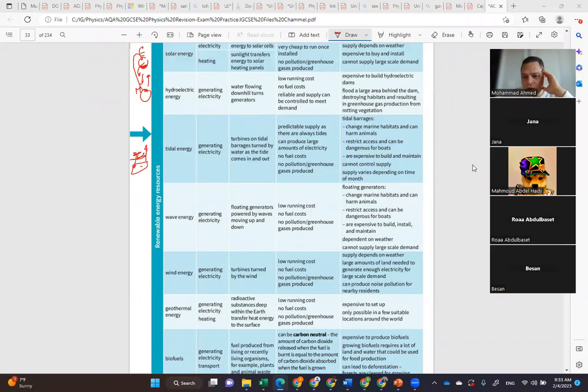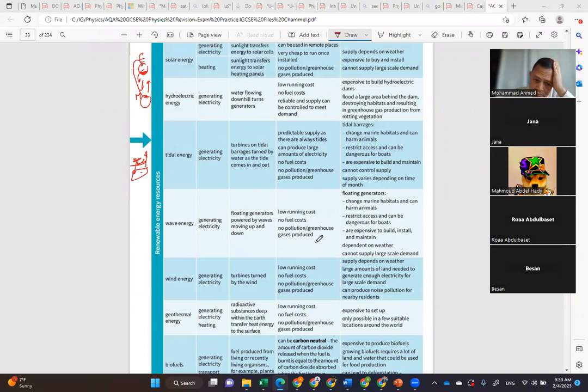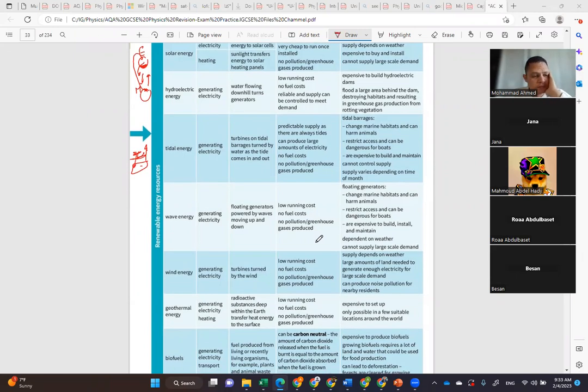I'm going to ask Roa. The biofuels, yes, we can generate electricity, and maybe in transport. Yes, they are used in transportation.